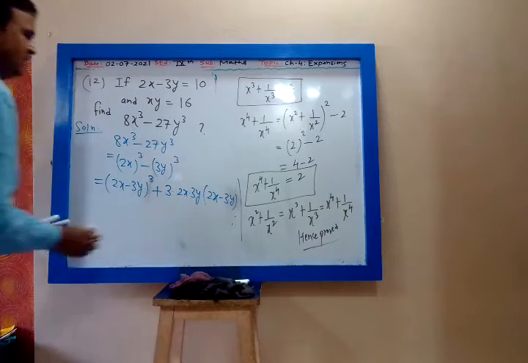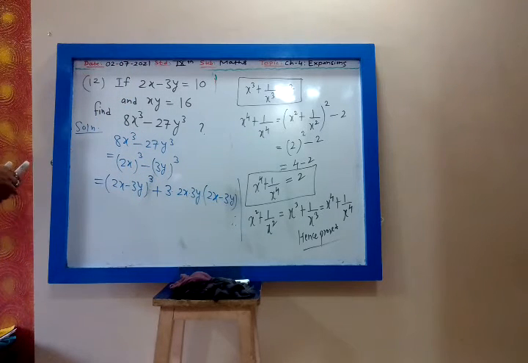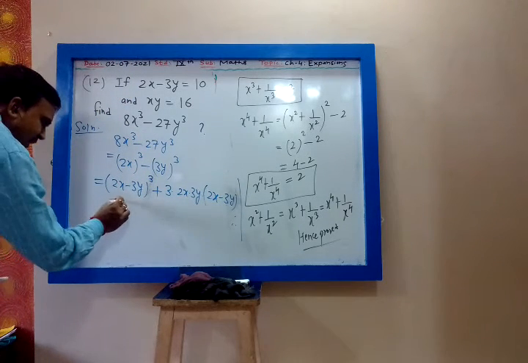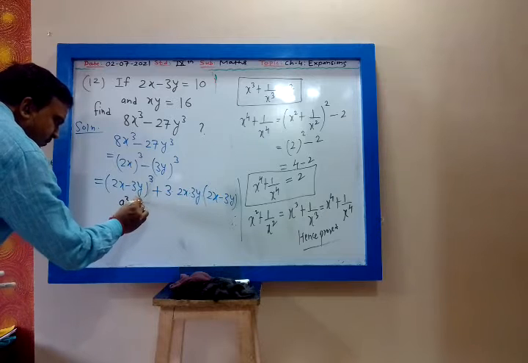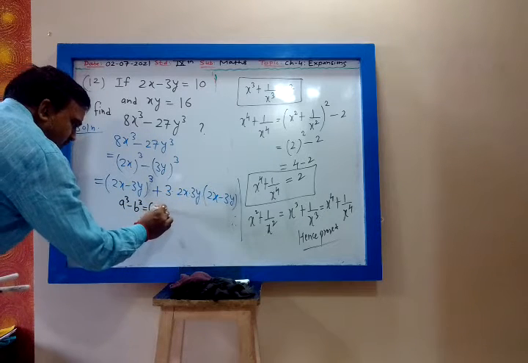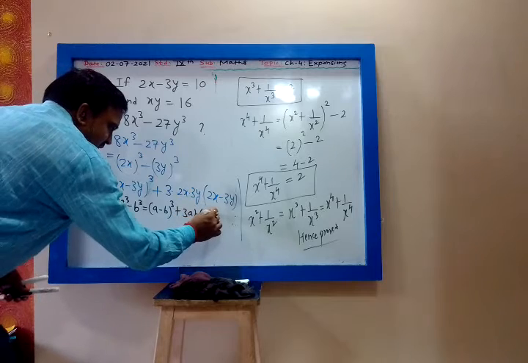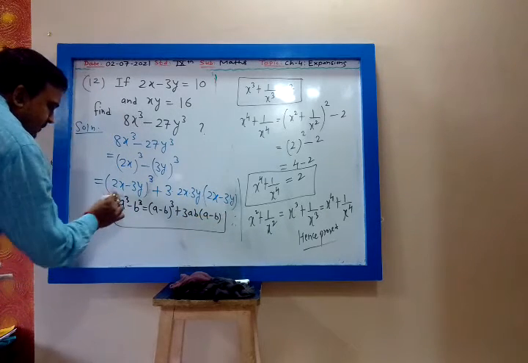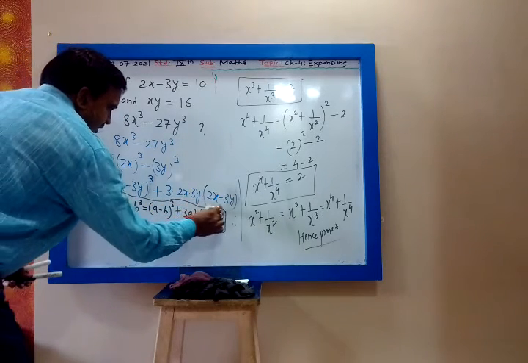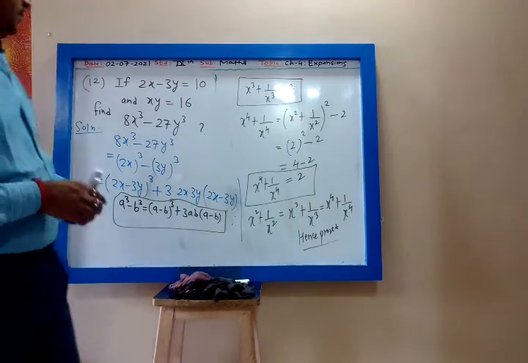Which formula I have used? Let me write down the formula. I have used the formula a cube minus b cube is a minus b whole cube plus 3ab into bracket a minus b. This formula I have used, my dear. Write down the formula, no problem.